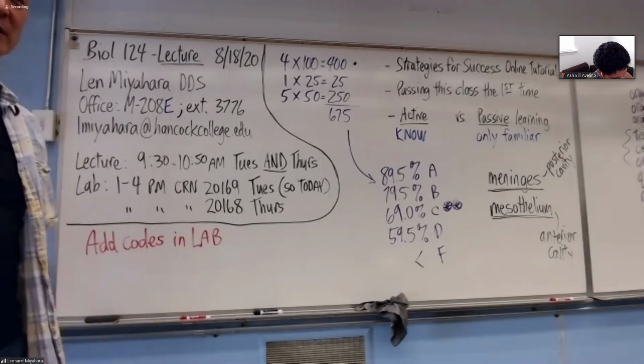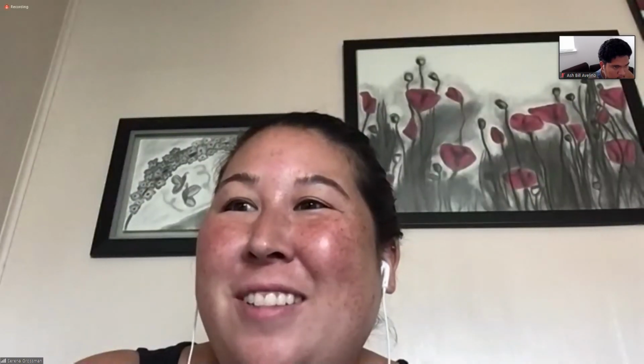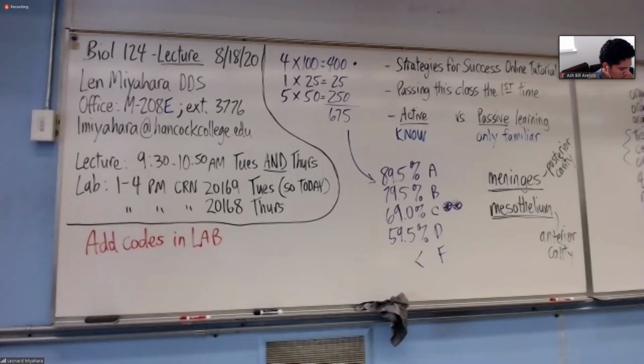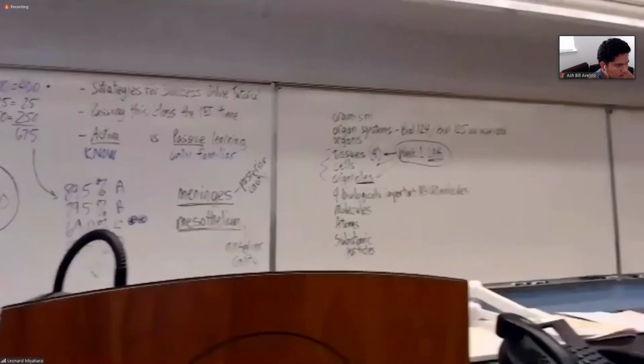If not, you might want to take a picture of it. Also, there are rolling blackouts going on in California right now. Anything can happen on any class or lab. They might decide to shut the power off in Hancock. Can we also see the right side of the board? I'm going to move it over there. Okay, now, mesothelium, it says anterior cavity. Meninges are posterior cavity.